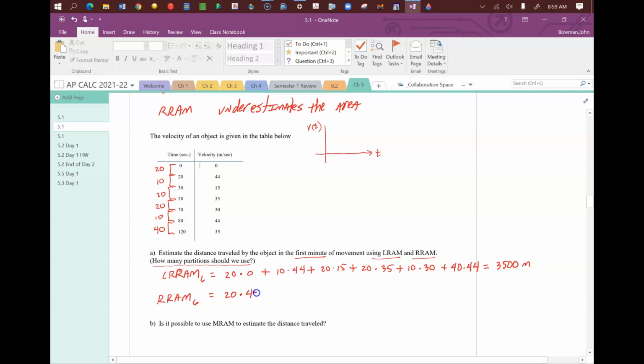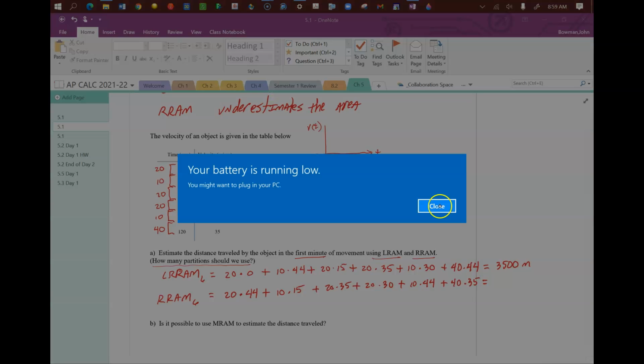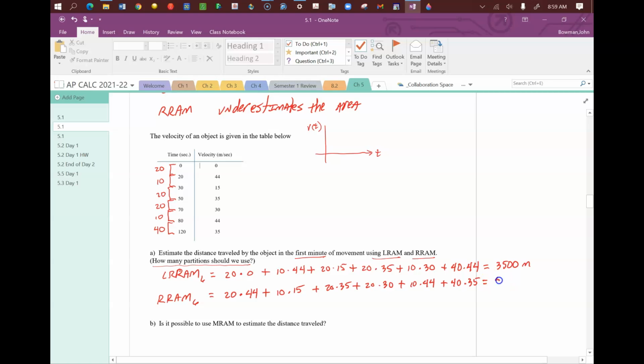So 20 times 44 plus 10 times 15 plus 20 times 35 plus 20 times 30 plus 10 times 44 and finally 40 times 35. And if you were to work that out, you would see that you get 4,170 meters.